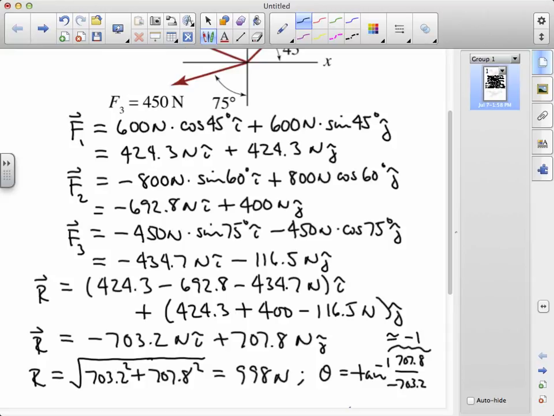So again, if we use our calculator, it will probably tell us that theta is minus 45 degrees, but we can see from the result here that with the positive y component and negative x component, this is going to be in the second quadrant, and the appropriate angle here would be 135 degrees. So we can say our resultant is again 998 newtons at an angle of 135 degrees off the x-axis.